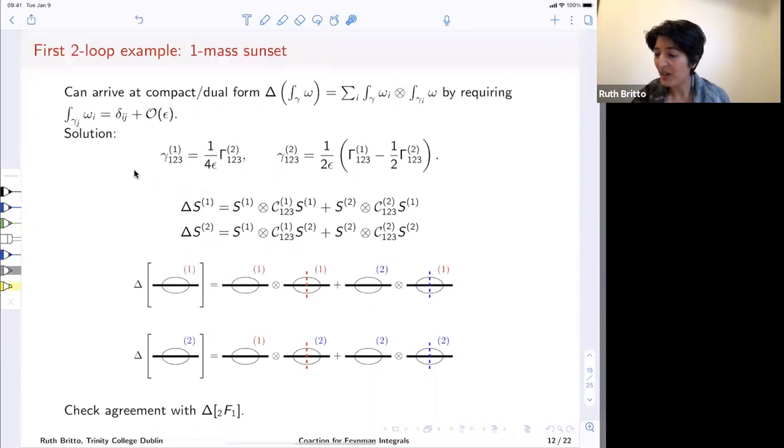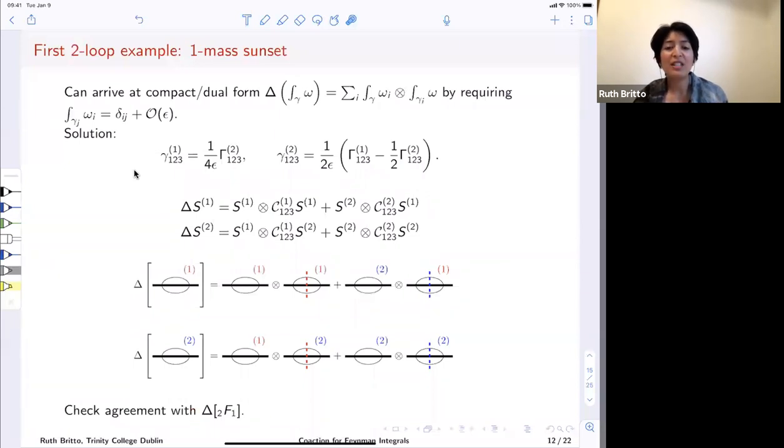So here we have the two different topologies in the first entry and the two independent maximal cuts in the second entry. And here it is in terms of pictures. So we can check agreement with the coaction on 2F1.